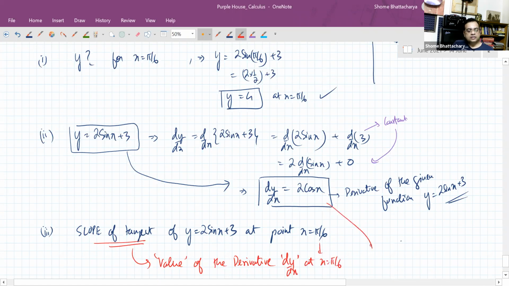So basically it is equal to 2 cos pi by 6. Now cos pi by 6 you know is root 3 by 2. So this is root 3. So the slope of the tangent at x equal to pi by 6 is in fact equal to root 3.